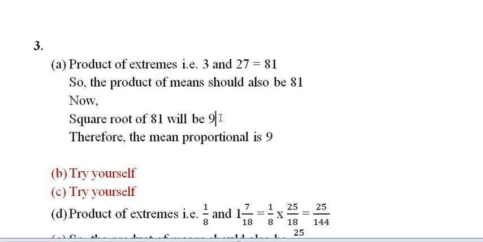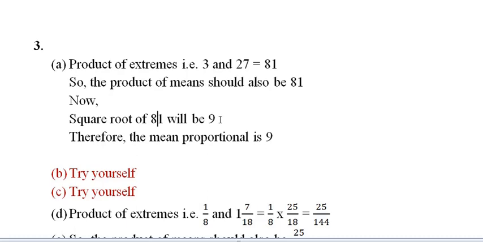Now what is a square root? A square root is a number which when multiplied with itself will give you that number. So 9 when multiplied with 9, how much will you get? You will get 81, isn't it? When 2 is multiplied with 2, you will get 4. So the square root of 4 will be 2. Let us write 25.